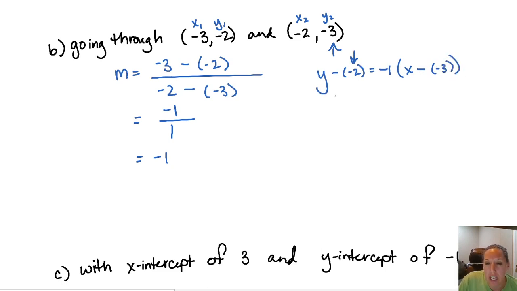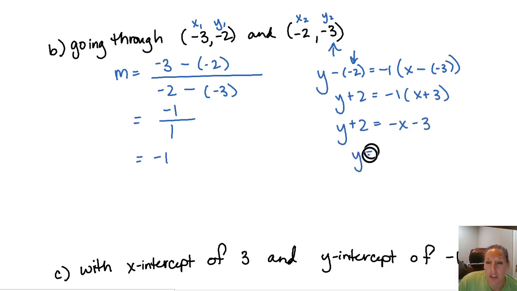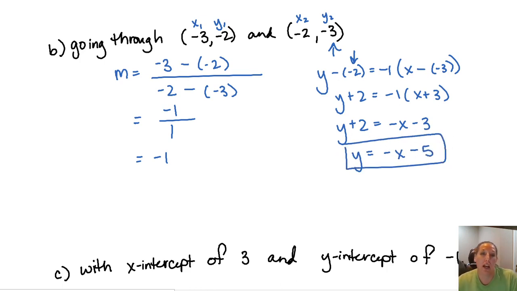So y minus a negative 2 is the same thing as y plus 2, and then x minus a negative 3 is the same thing as x plus 3. We'll distribute that negative 1, and we'll get negative x minus 3 and then subtract 2, and that's going to be y equals negative x minus 5, the equation of that line.